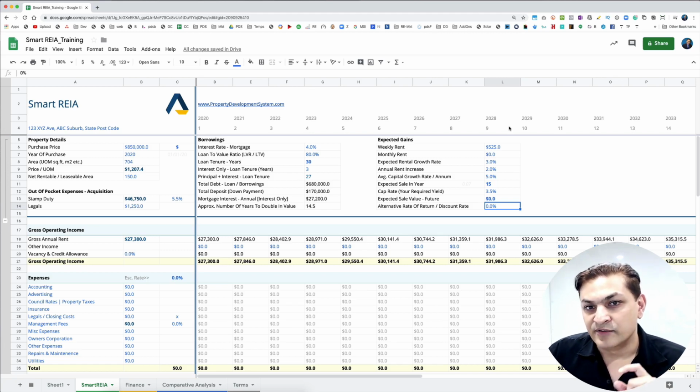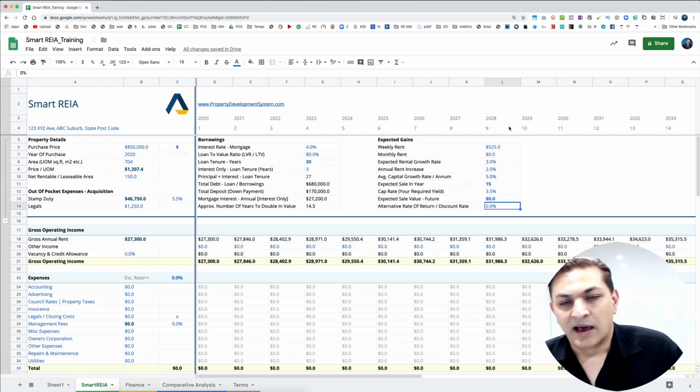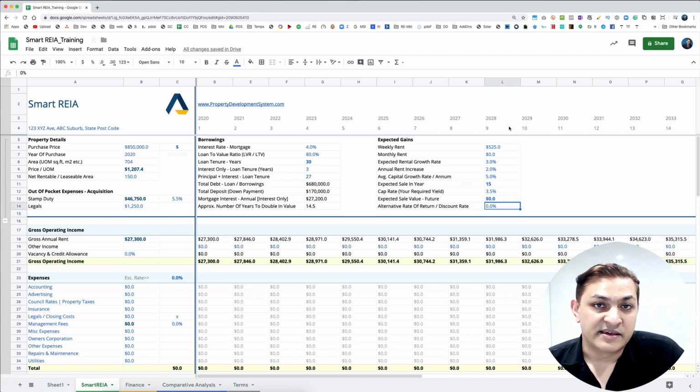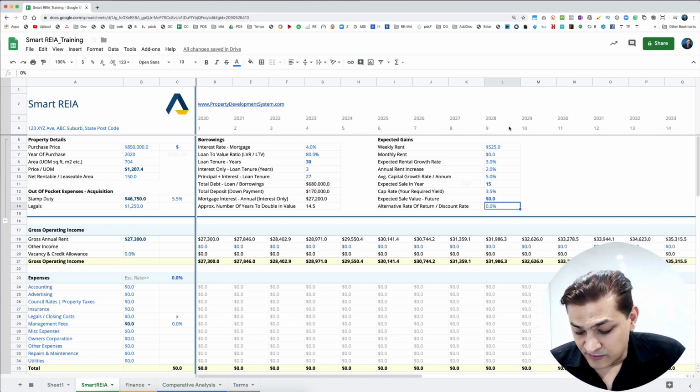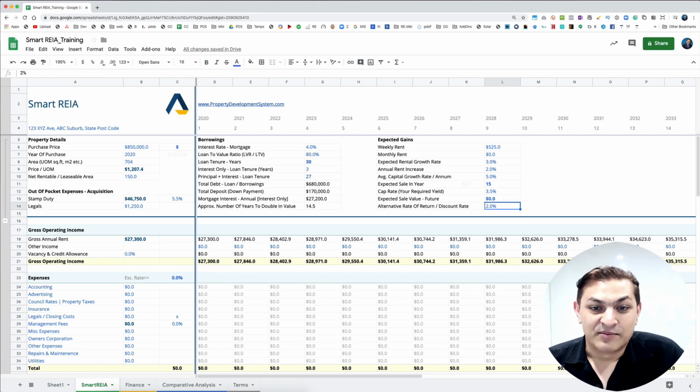in here. So if you've got no other opportunity cost, and your only other outlet is putting the money in the bank in a savings account or an online saver or something, that probably gives you maybe 2%. And right now, even that's a little bit difficult. So if that is your alternative discount rate, that is what you should put in there.